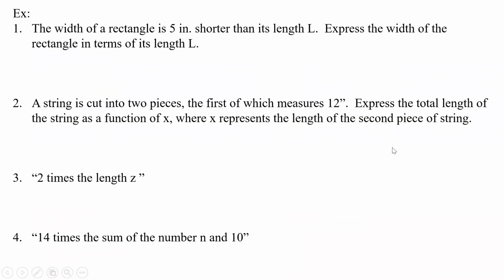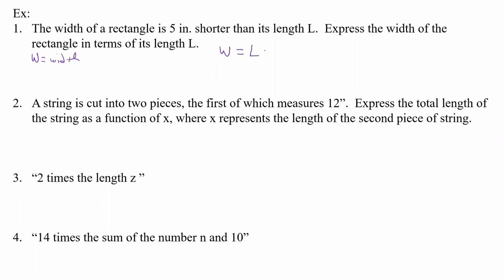So let's look at some examples where we basically are just going to convert some word sentences into a mathematical expression. So it says, the width of a rectangle is 5 inches shorter than its length. Express the width of the rectangle in terms of its length. Well, so we know width is usually labeled as W. So let's say W is equal to the width. So the width is 5 inches shorter than the length.